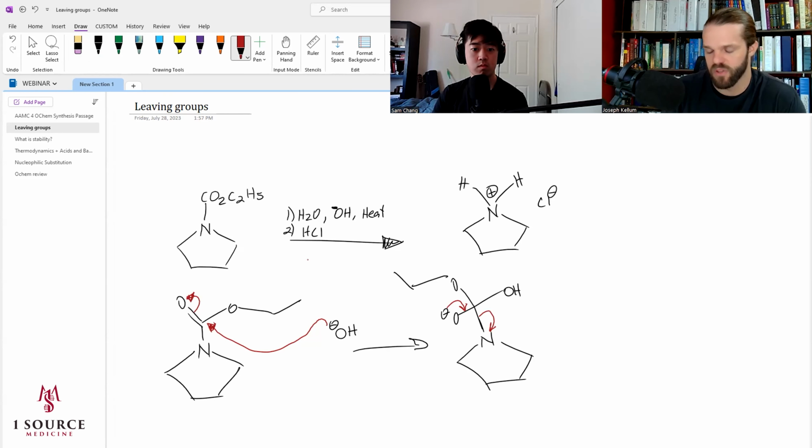And since we put a bunch of HCl in there, we would probably protonate it again at the end. But our leaving group here, being the nitrogen ring, is just the result of the exact same reaction, even though it looked weird compared to how we had drawn it out in the simple diagrams before.